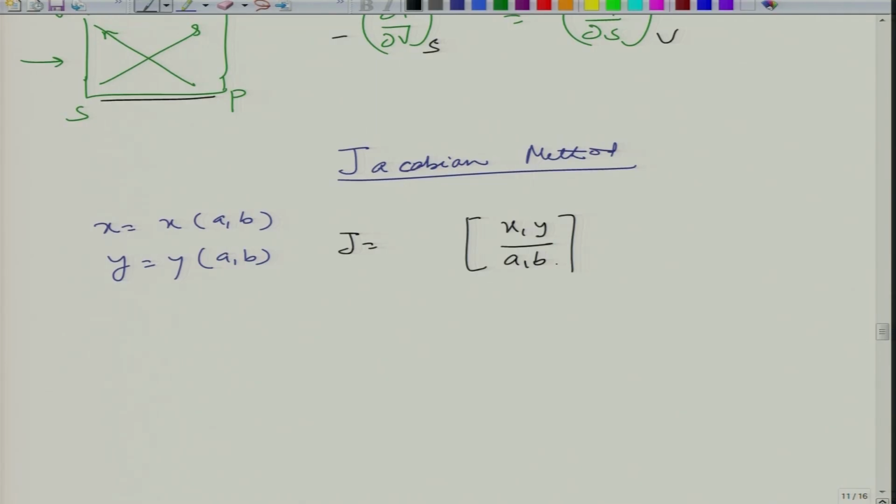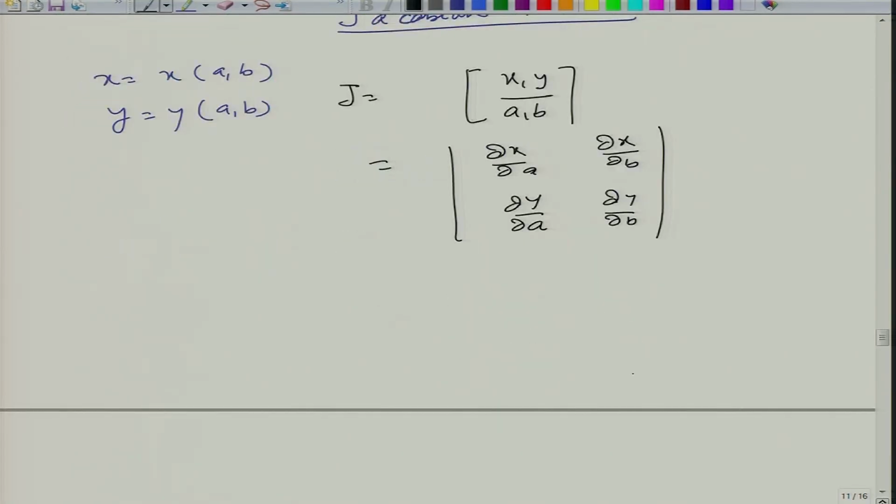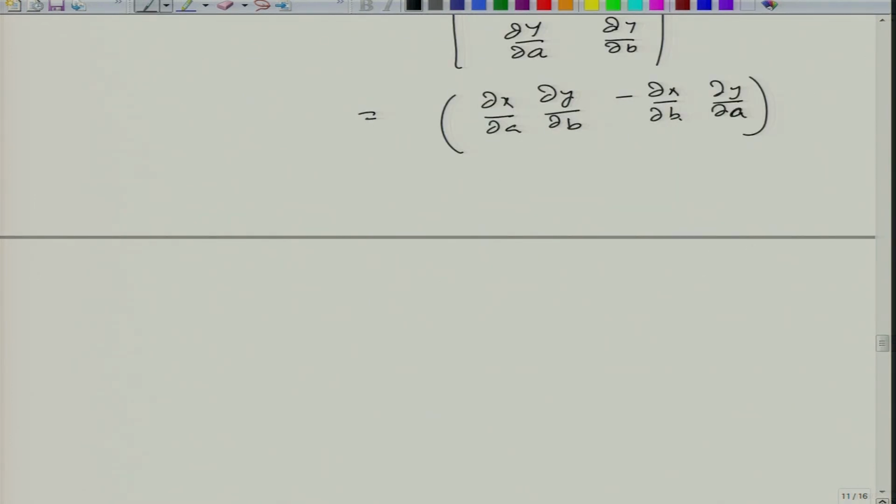Essentially this is nothing but the determinant of del x by del A, del y by del A, del x by del B and del y by del B. So this I can further write as del x by del A, del y by del B minus del x by del B, del y by del A. So many times one can show that the Jacobian is sometimes written simply as ∂(x,y)/∂(A,B). It can be shown that this is nothing but this.